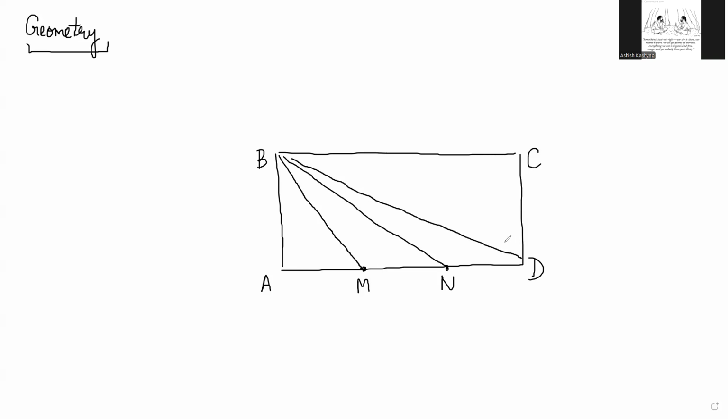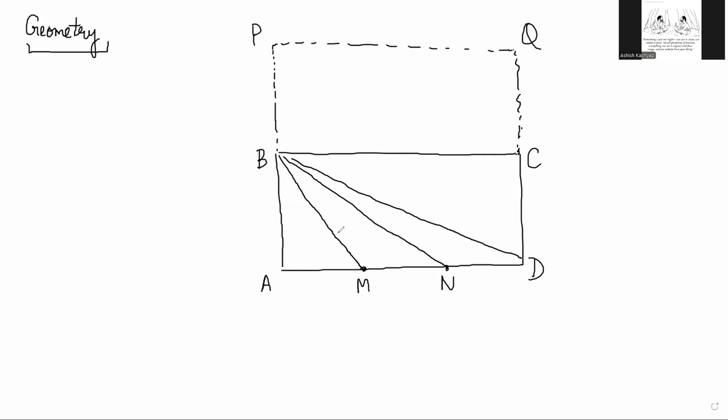So the trigonometry solution is easy, but we can do another method also. From here, we will make another rectangle on top of it, which is congruent to the original rectangle. We'll label it BPQC.